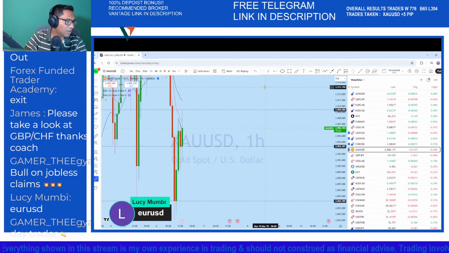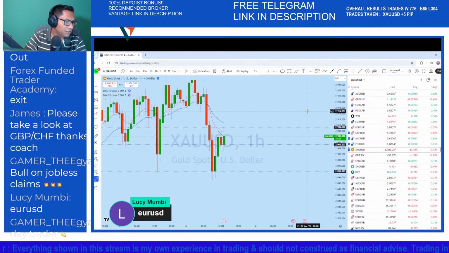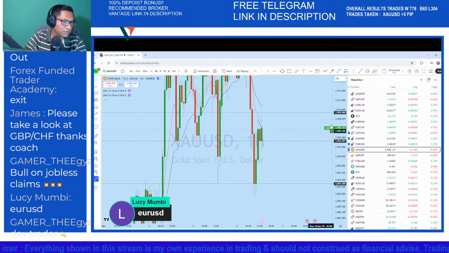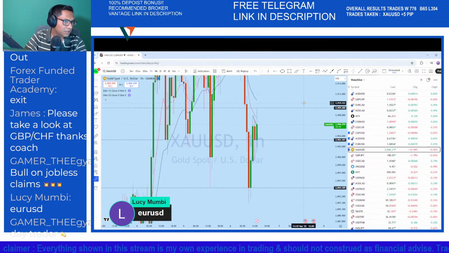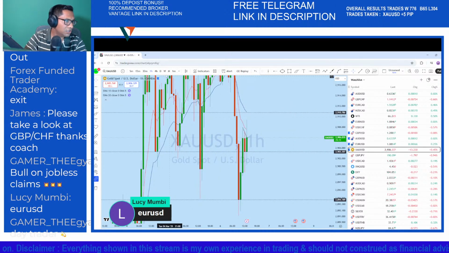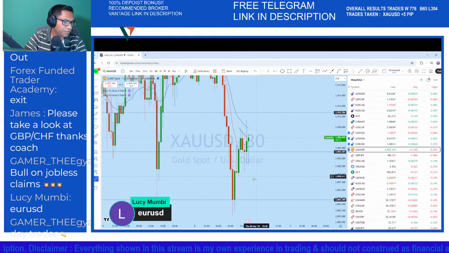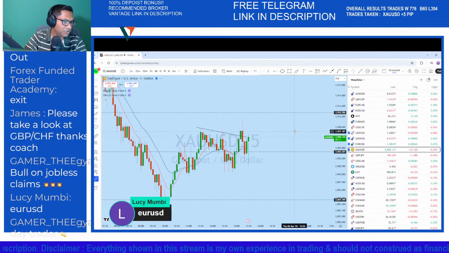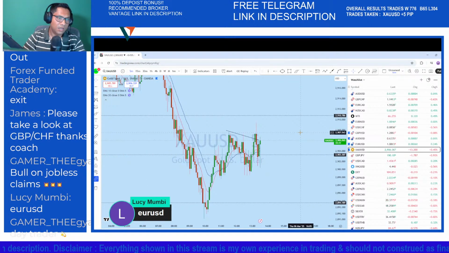So the 1 hour chart here. Okay, if the market managed to bounce, we could see it going to the 20 EMA. From the 30 minutes perspective, from here a bounce. The 5 minute chart also.